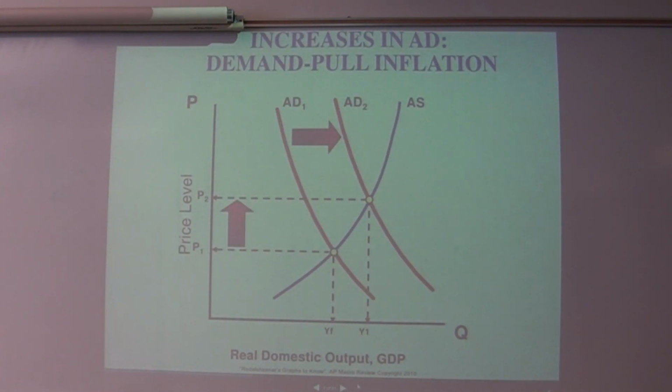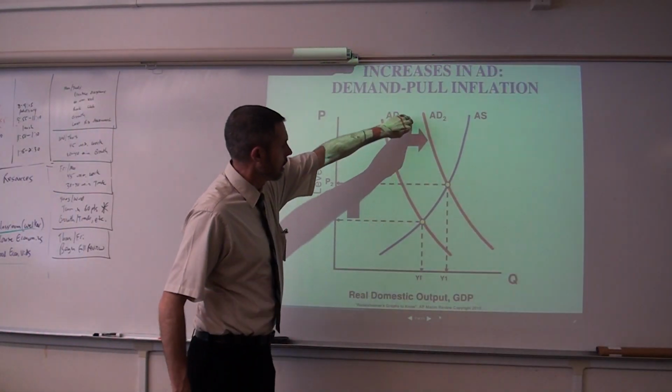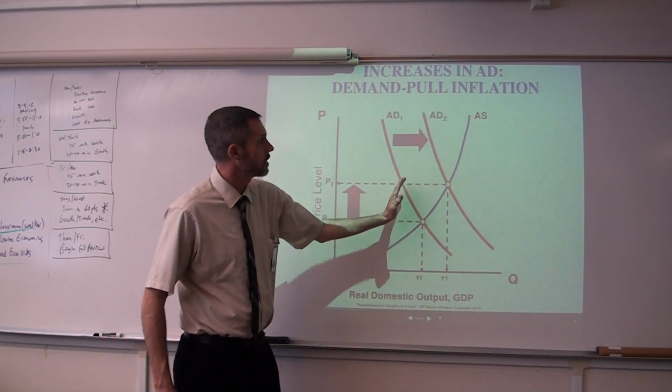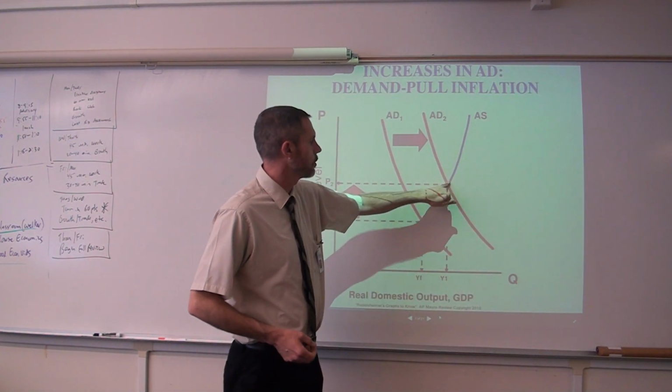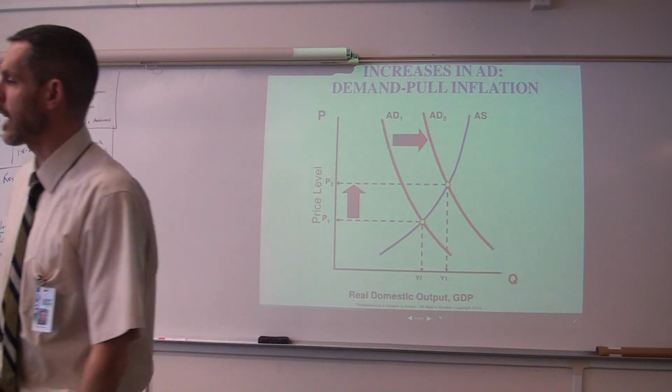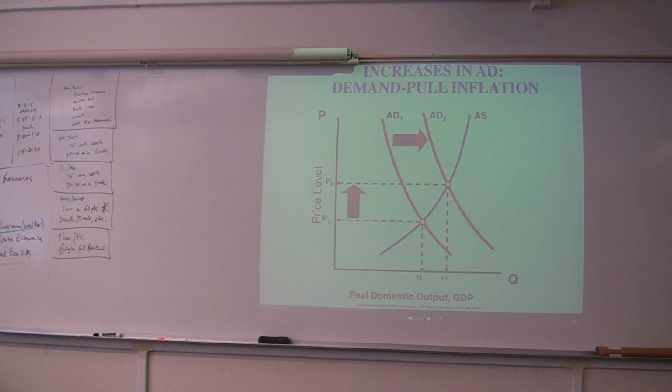If you get asked to draw demand pull inflation, you can even have, if you want, along an aggregate supply curve going here, demand pull, aggregate demand moves to the right along the short-run aggregate supply curve, pulling price level up. That is a classic both inflationary gap but also demand pull inflation.